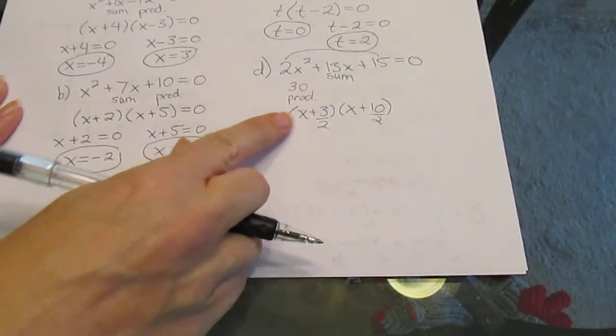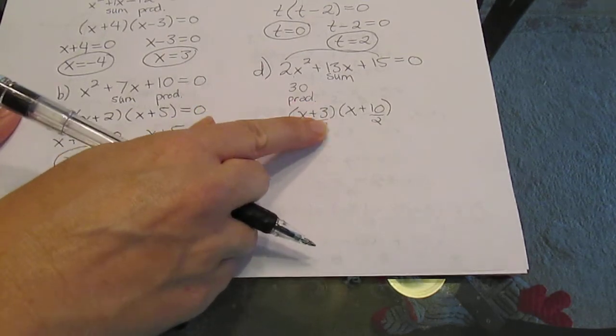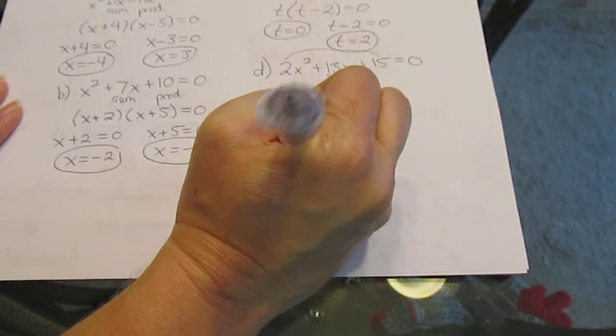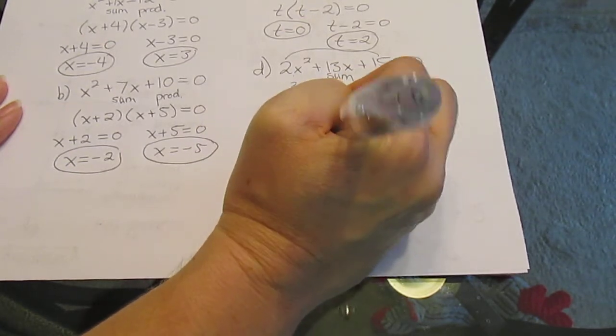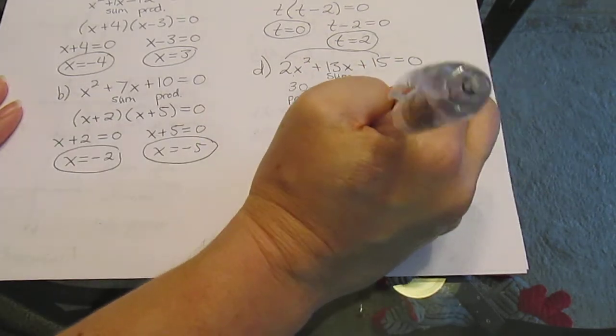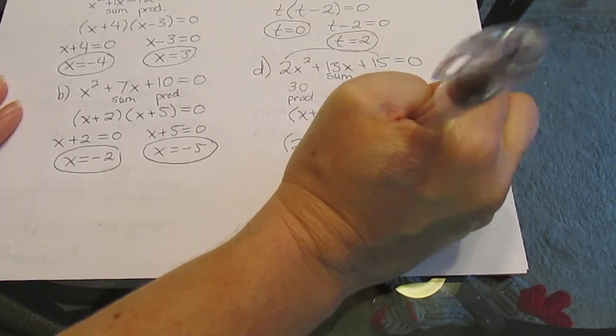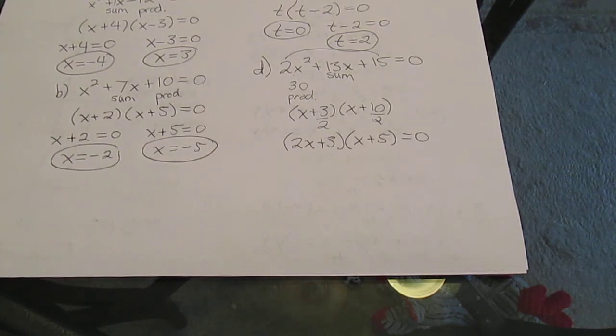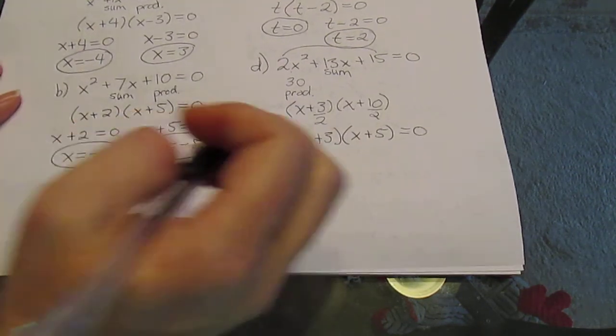And then simplify. If it doesn't simplify, you just put this 2 in front of the x. So our first factor is 2x plus 3. And this one does simplify, so this one's x plus 5. And then set both factors equal to 0 and solve.